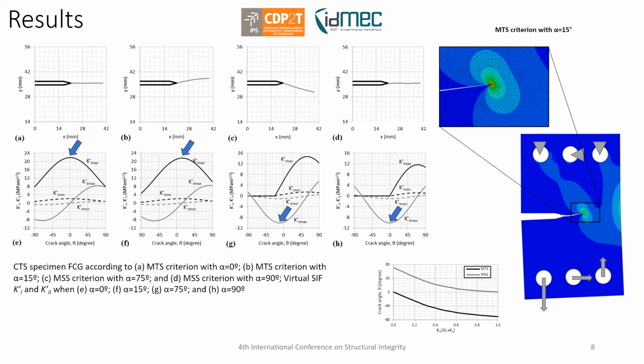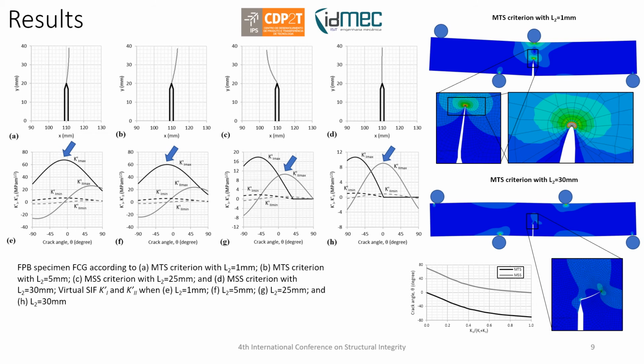And on the last case, where we have pure mode 2, then the crack also propagates horizontally, but now due to pure mode 2 conditions.